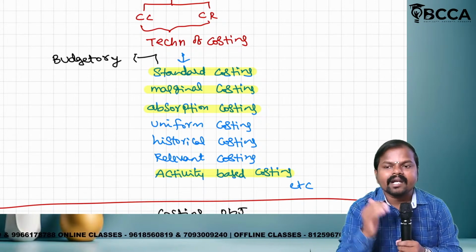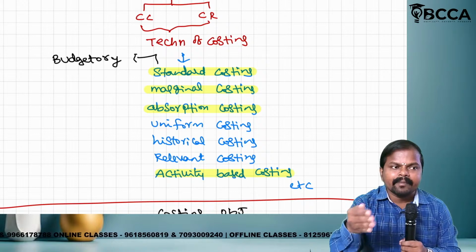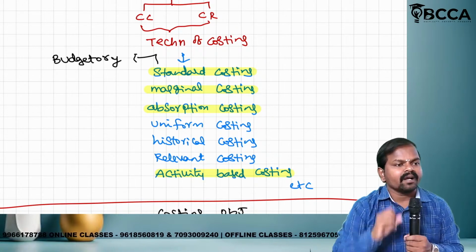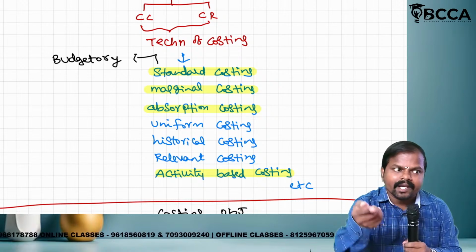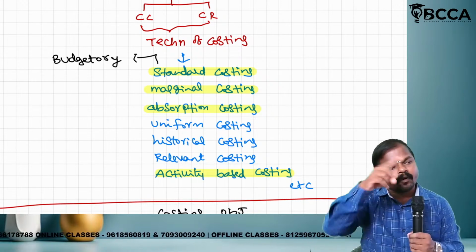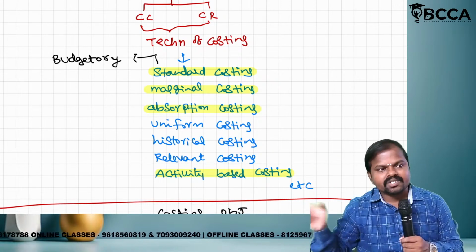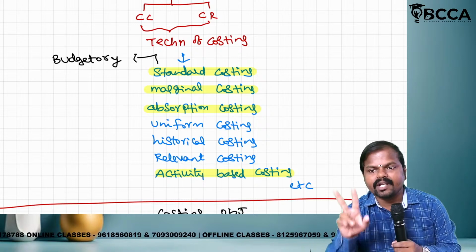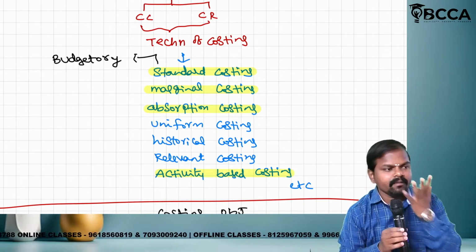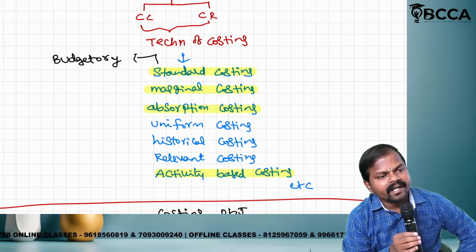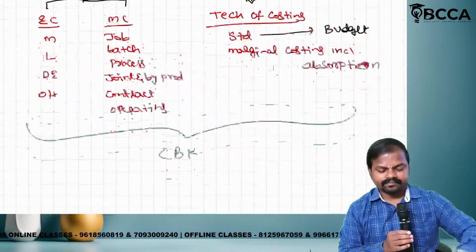At Inter level, what techniques are available in your syllabus? Standard costing, in both Group 1 and Group 2. Marginal costing including absorption costing, in Group 1 and Group 2. Activity based costing, only in Group 2, as a chapter called activity based costing. Is it right? Clear? Excellent.